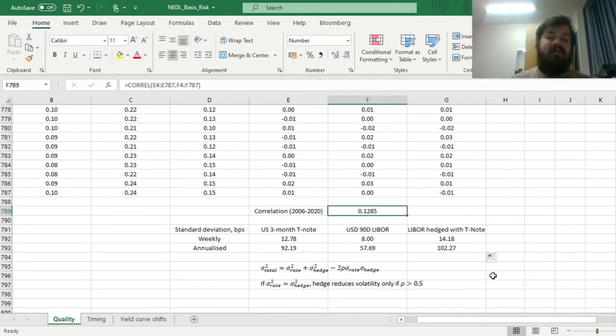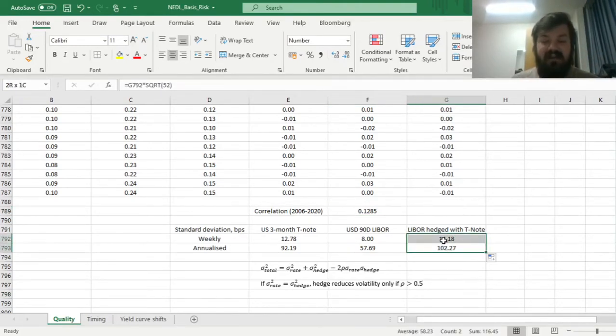And here we see that the correlation is indeed lower than a half by a lot, and that is what causes our hedged risk to be higher than our initial risk.